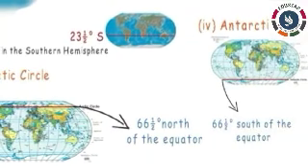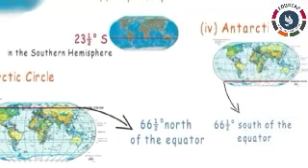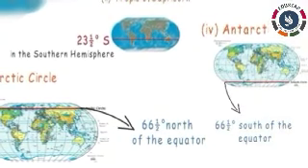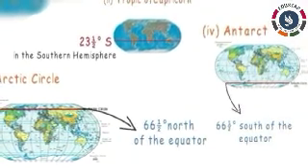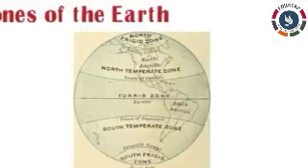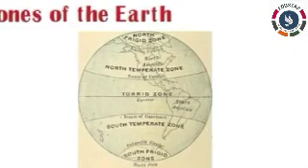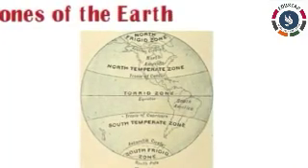The third one is Arctic Circle at 66.5 degree north of the equator. The last one is Antarctic Circle at 66.5 degree south of the equator.